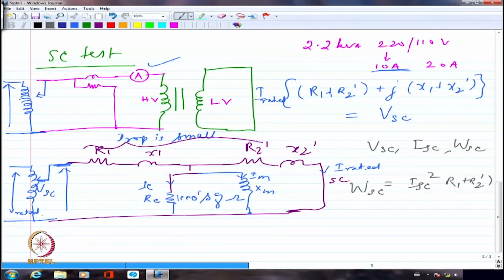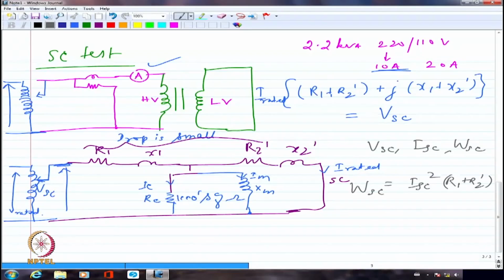Right? And from here I should be able to get the value of R1 and R2 dash. Generally, it is very difficult to separate out R1 and R2 dash. Similarly, it is very difficult to separate out X1 and X2 dash. Most of the time, we take the total resistance divided by 2 as R1, and similarly total resistance divided by 2 as R2 dash, which is okay for all practical purposes.